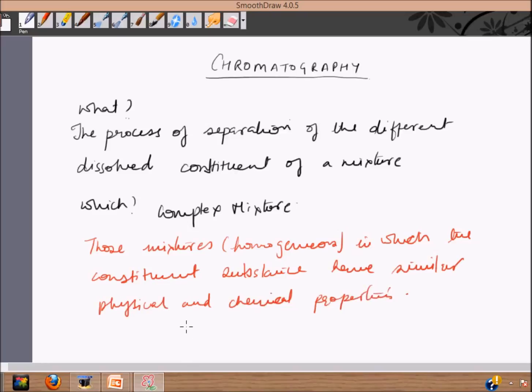For example, sugar, hydrocarbons, or any coloring matter in ink. Yes?